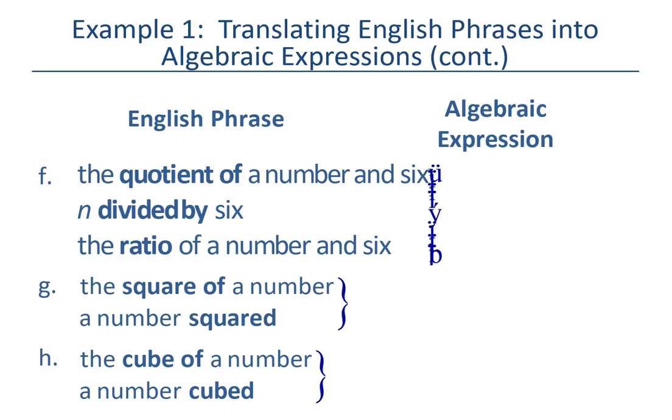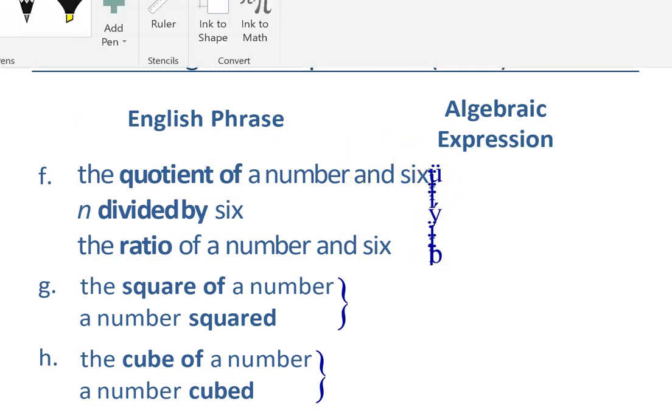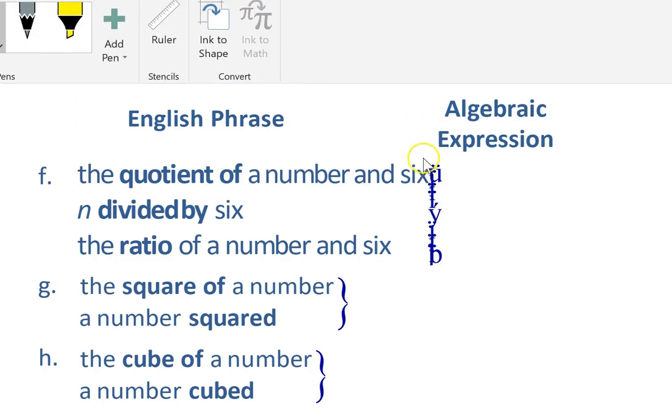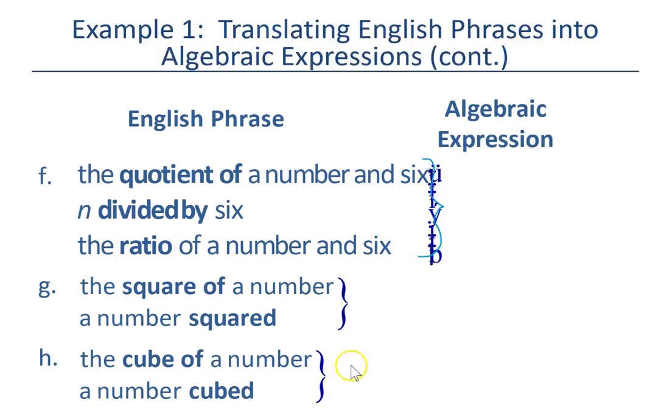The quotient. Quotient is division. The quotient of a number and 6. I think what happened here is this was supposed to be in parentheses, but it messed up. So the quotient of a number and 6, or n divided by 6, there's our divided, or the ratio.